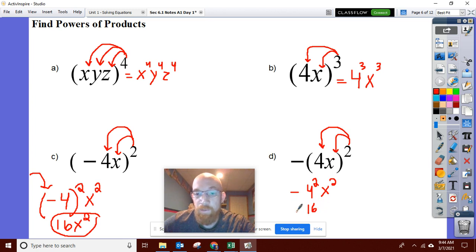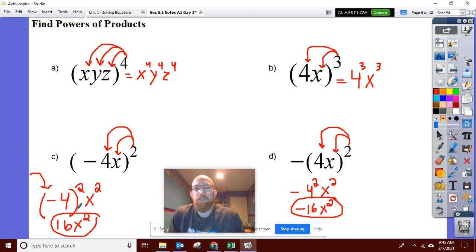I bring down this negative now, so it becomes a negative 16x squared. So there's the difference. The negative on the outside means that, hey, this answer is going to be negative. The negative on the inside doesn't necessarily mean it's going to be negative, okay? Because a negative times a negative equals a positive. Those negatives would cancel out. So anytime you have an even number as the exponent, those negatives would cancel out.